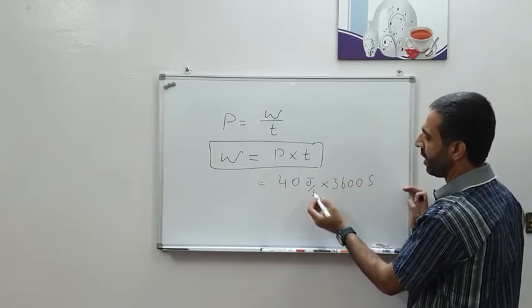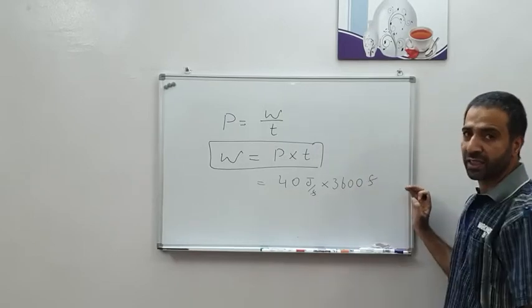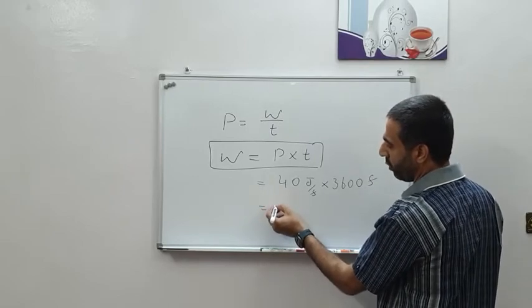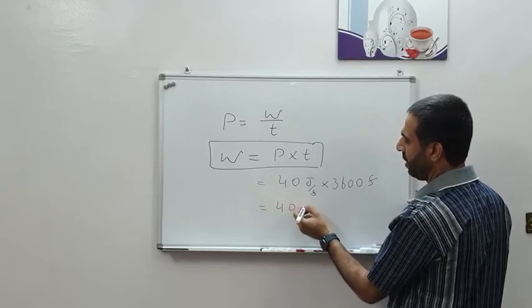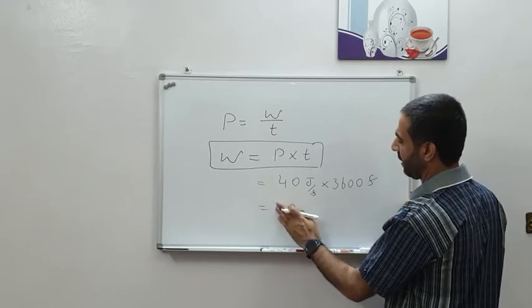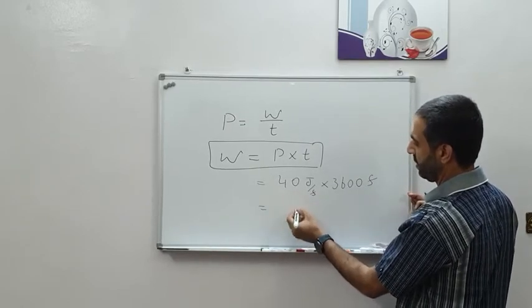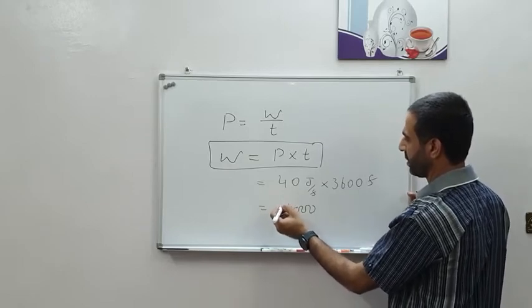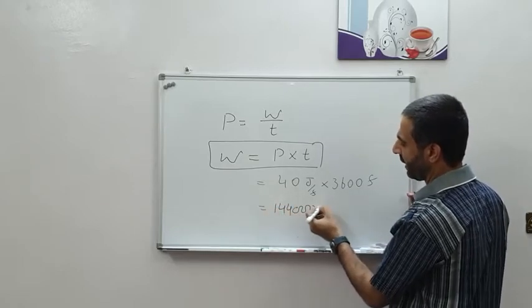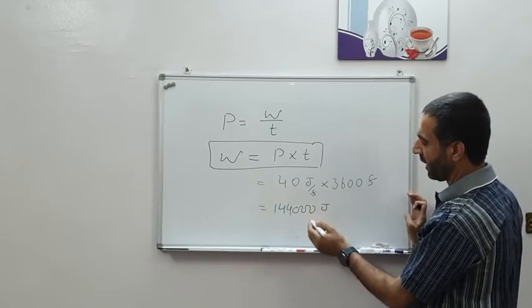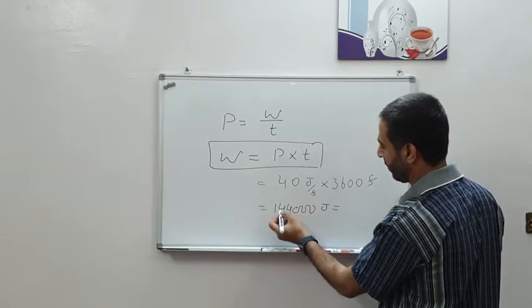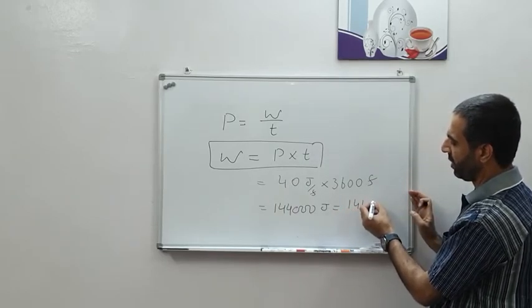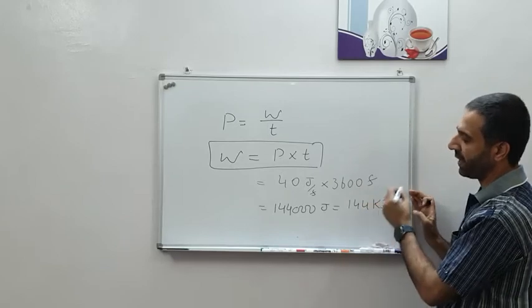So you see how much energy, light energy, is being supplied to you by the bulb in 1 hour. So it will be 40 joule into 3600, like this much joule, or I can say that it is roughly 144 kilojoule of energy.